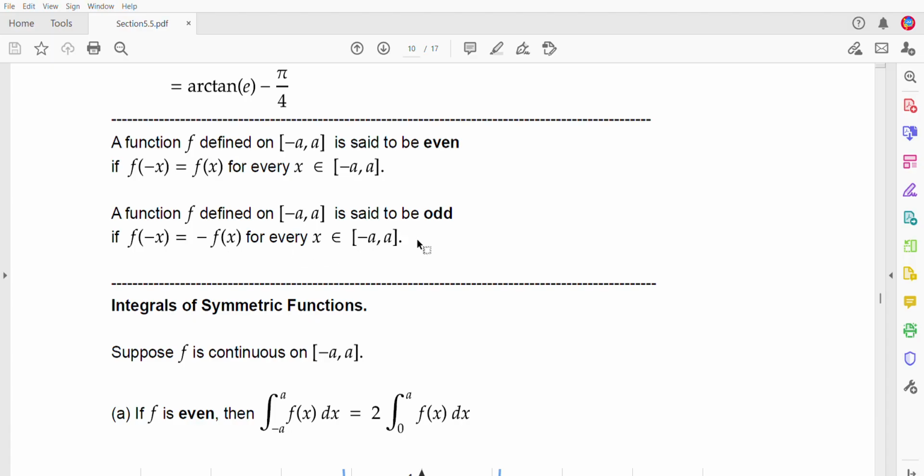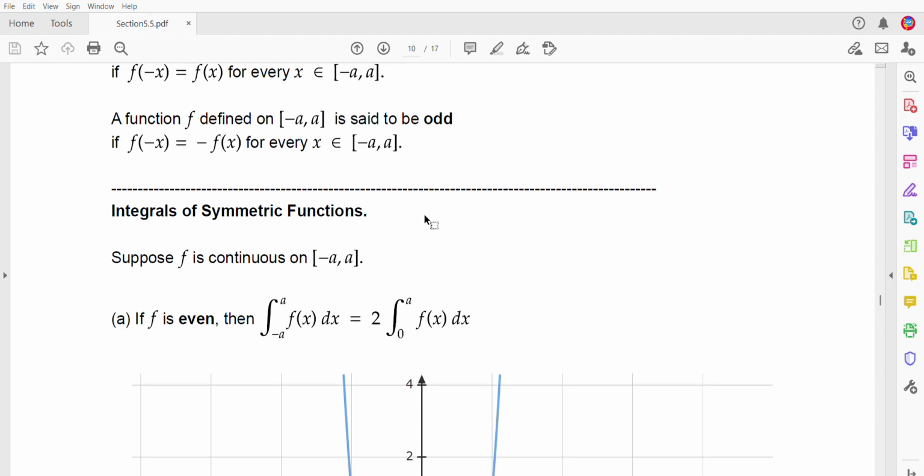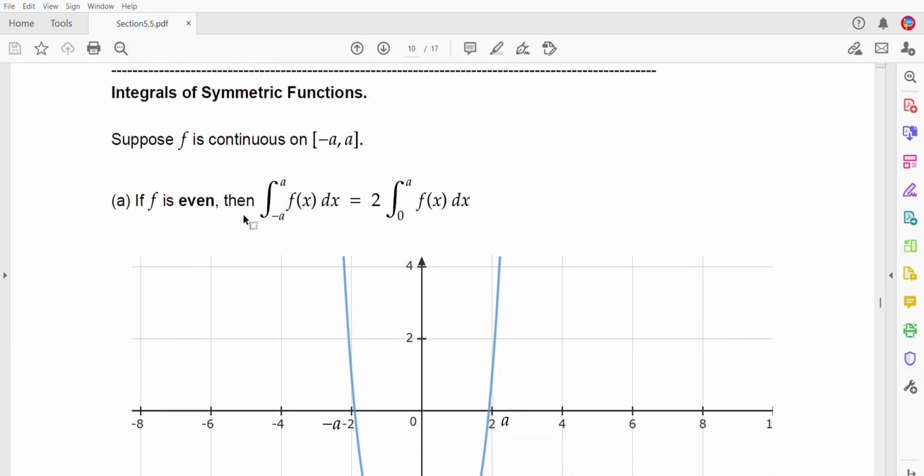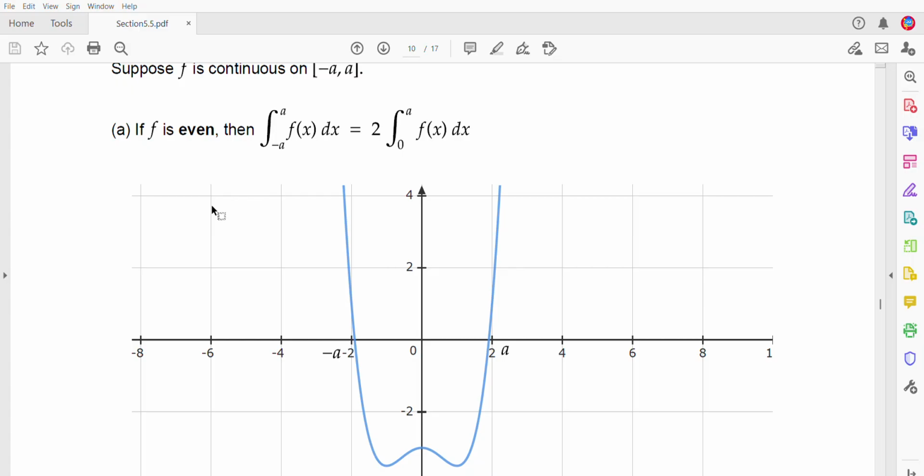Now, what happens to the symmetric functions? You see, if f is even, then its graph is symmetric about the y-axis. So if I take the definite integral from negative a to a, there is equal amount on the right as on the left.